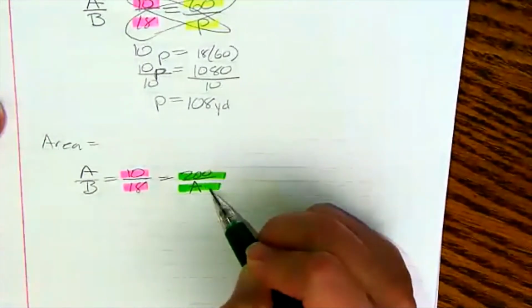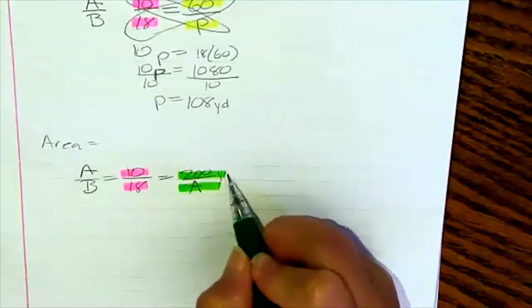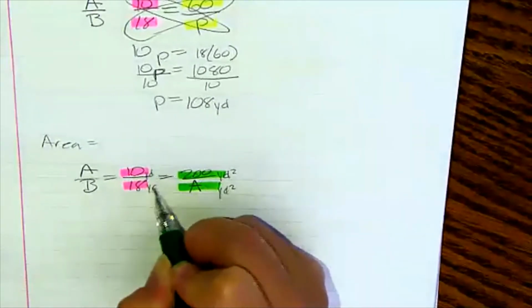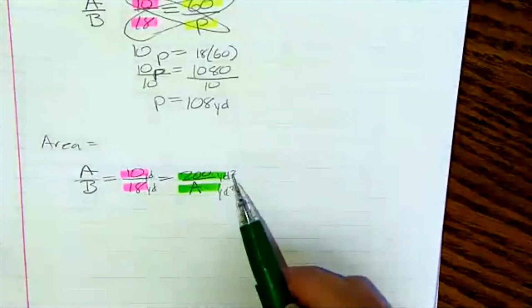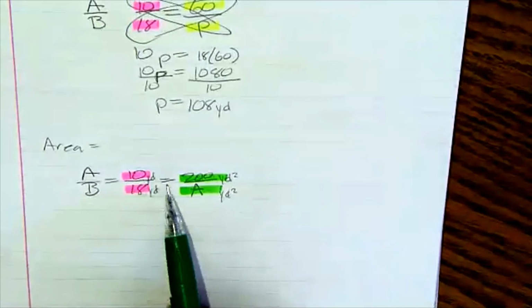Okay, so now, since area is squared, because remember area is the squares inside, and area is two-dimensional, length and width. Since this area is already yards squared, and this is only yards, this is yards, and this is yards squared. Right now, this is like oranges is equal to apples.